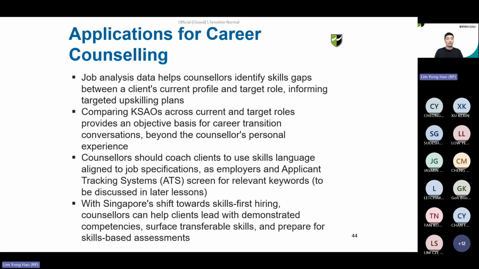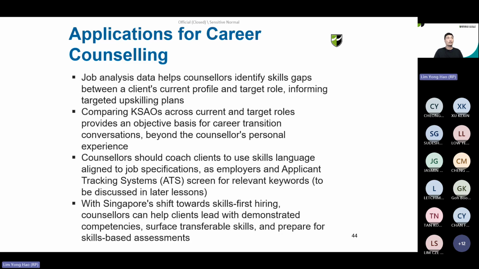Specifically, the most important thing in job analysis, or if a job analysis is done and you have a good set of job description and job specification, is to identify the skills and then look at whether there are gaps. If the client is interested to go into a particular job, industry, job family, or sector, what are the gaps?